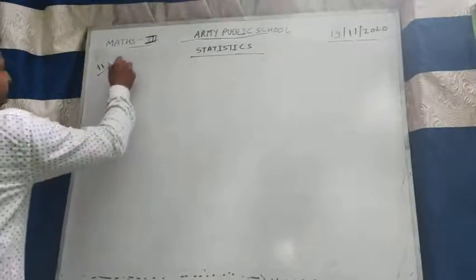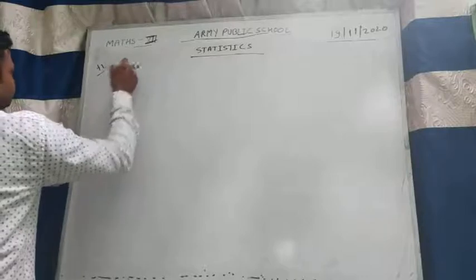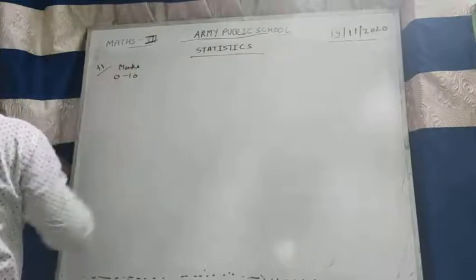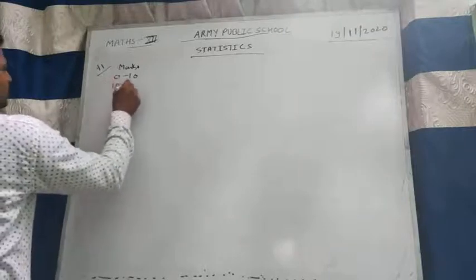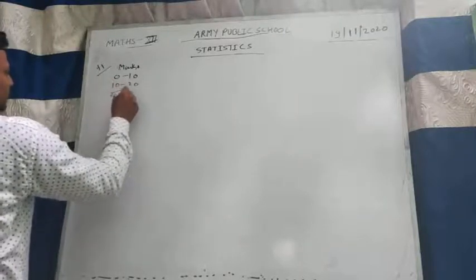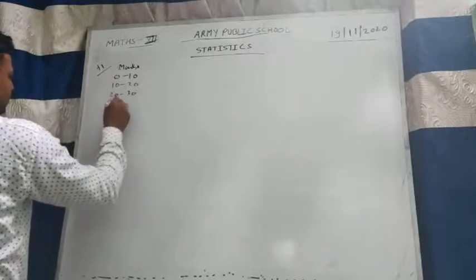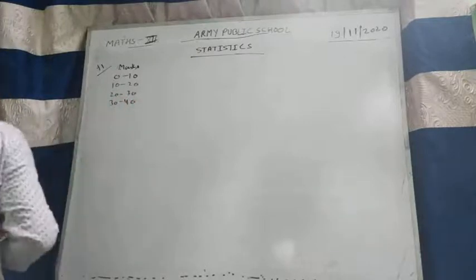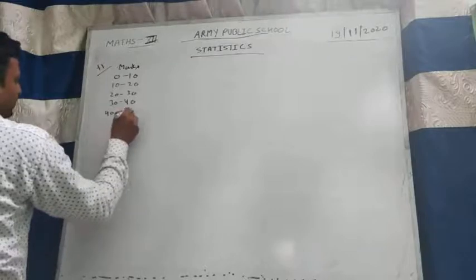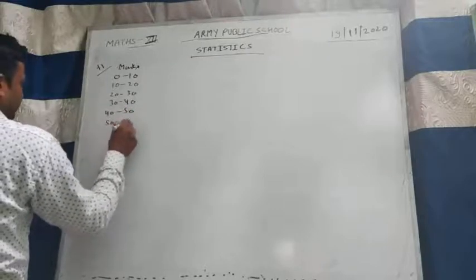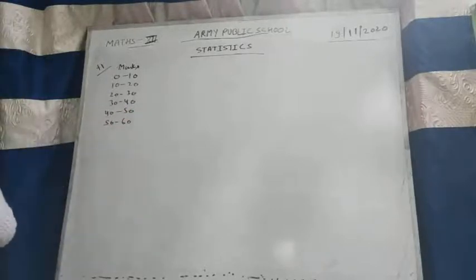Data is given: marks 0 to 10, 10 to 20, 20 to 30, 30 to 40, 40 to 50, and 50 to 60.